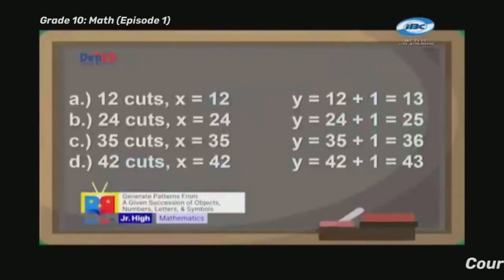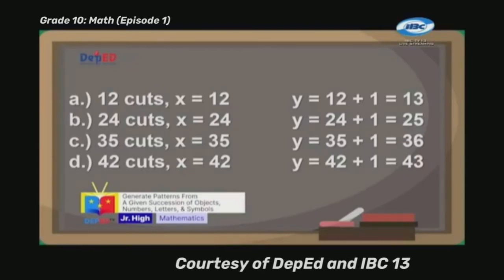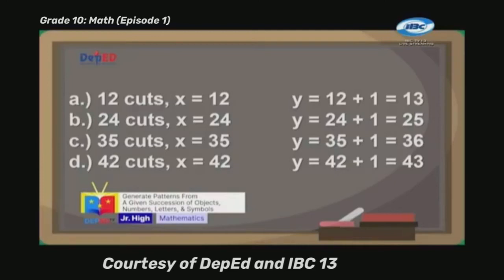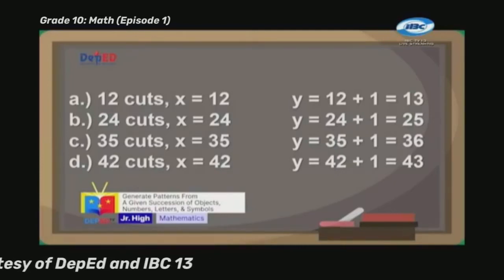For letter A, 12 cuts, x = 12, y = 12 + 1 = 13. For letter B, 24 cuts, x = 24, y = 24 + 1 = 25.